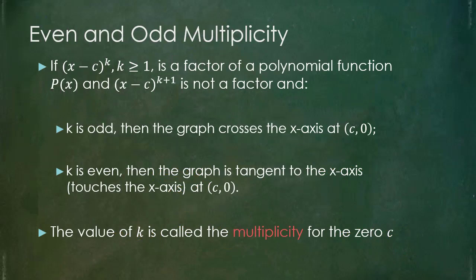Now that last example, notice we had one of the factors have a power that was outside. What that power outside actually is, is what we call the multiplicity. So multiplicity is essentially just how many times this factor is actually a factor of the polynomial. So notice it's basically saying if k is the largest power on the parentheses, we're getting rid of anything that's even one more than k.